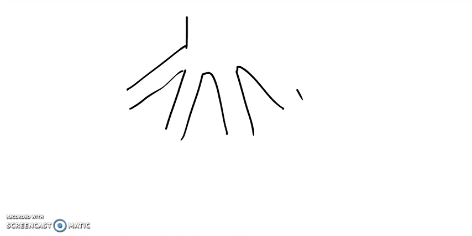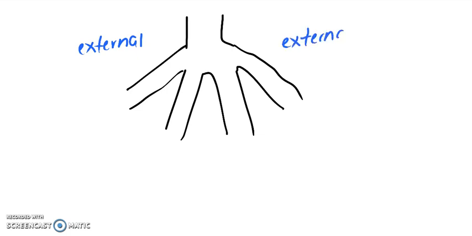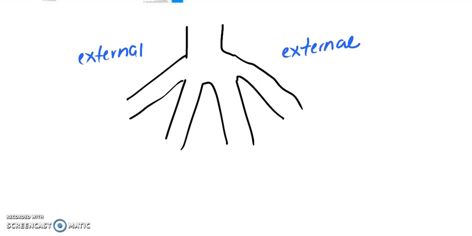And then one more fork in the road. Okay, so these two, which are on the outside, we can give them the additional name of external in relation to the two on the inside. So these two are my external ones. So the full name for this one on the outside would be my left external iliac artery.